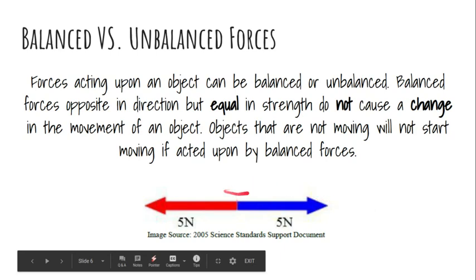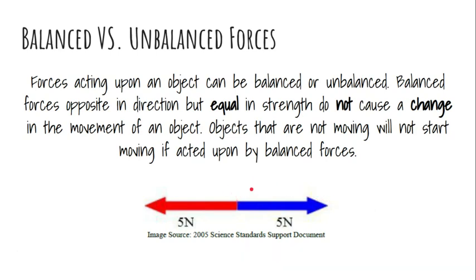They're equal in size, they're not going to move, okay? So objects that are not moving will not start moving if acted upon by balanced forces. If it was already in motion, it's going to keep doing exactly what it was doing before any forces were applied to it. So that's balanced forces. Balanced forces are equal, no change. That's going to be important.